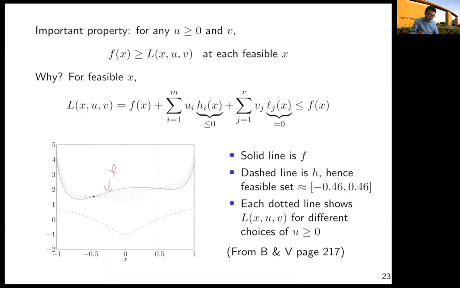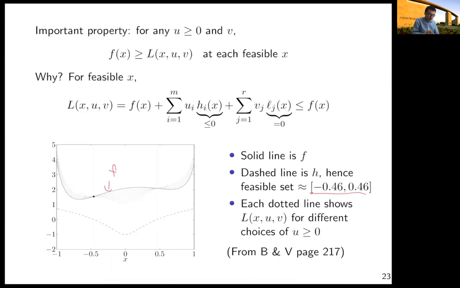Now let's also consider a feasible region of, say, minus 0.46 to 0.46. In this feasible region, this function is not even convex. It might even be concave, right?